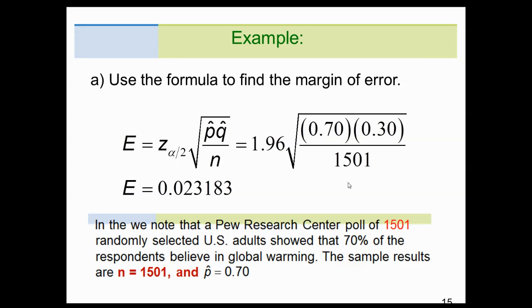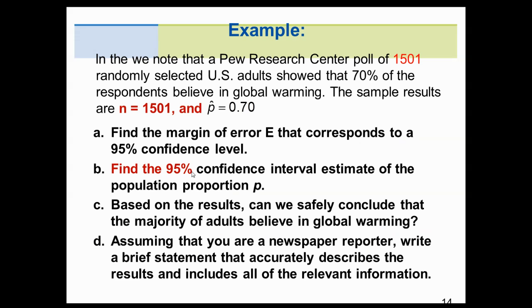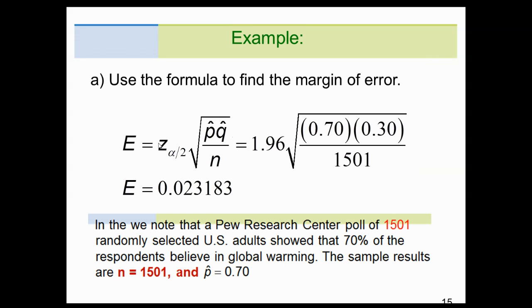All right, so the first thing I'm doing here is calculating the error. If I'm looking for a 95% confidence interval, then I know my z-score is 1.96. He flat out told me what p hat was, 0.70. Therefore, q hat is 1 minus that, 0.30. He tells me what n is. Pretty nice because he gives me all the values I need. All I do is subtract to find q hat.